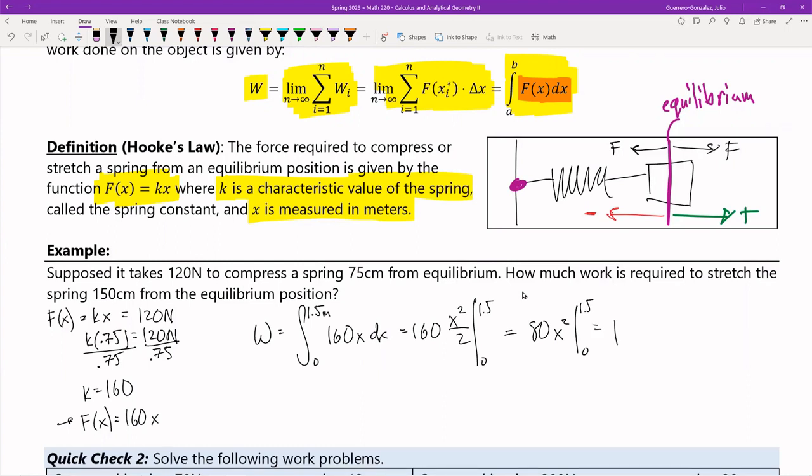And this is 180 joules. So in order for us to stretch this spring out 150 centimeters, it'll take us 180 joules to do so. Okay.